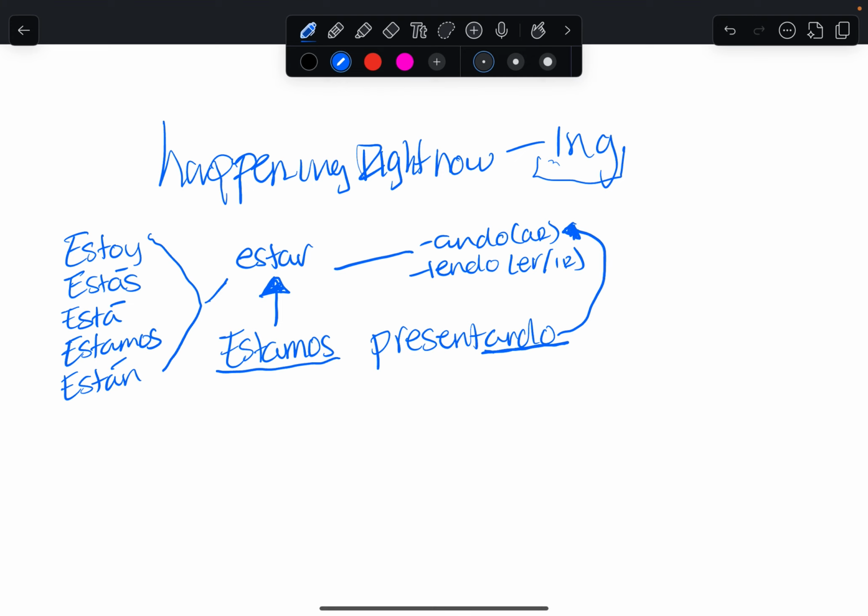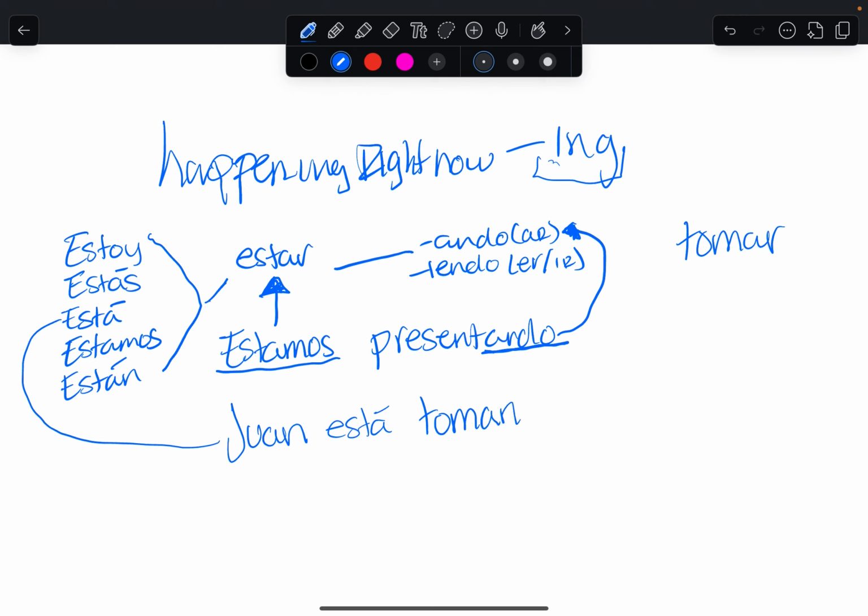Let's say Juan is drinking. So we would say Juan, and because this is third person, you would use está. And then to drink is tomar. So it would be tomando, because you take the AR and drop it and then add ando or yendo.